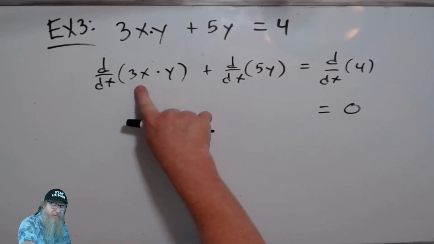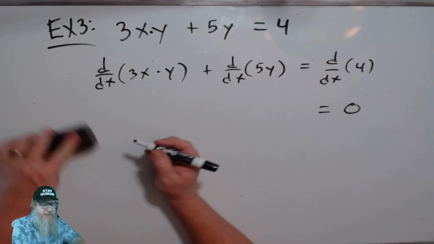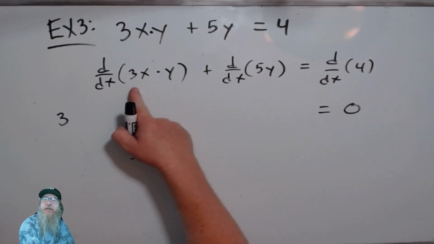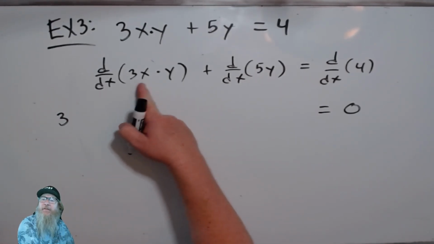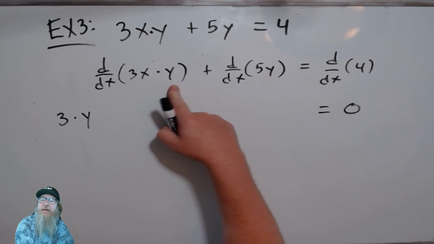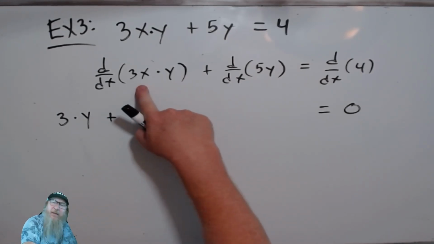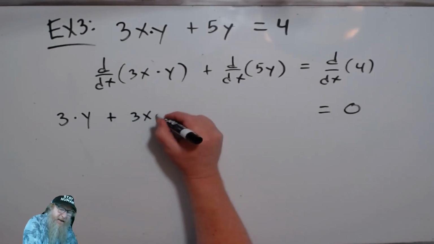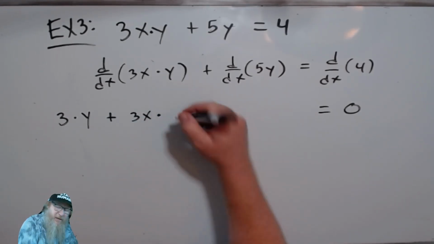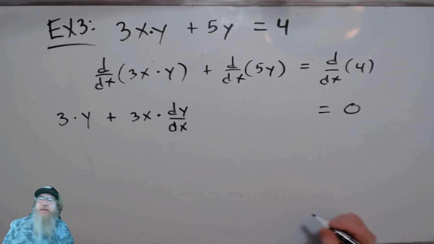So the derivative of the first is 3. Right? Just 3. That's the derivative of the first term, first factor, times the second, y, plus the first, 3x, times the derivative of the second, dy dx.